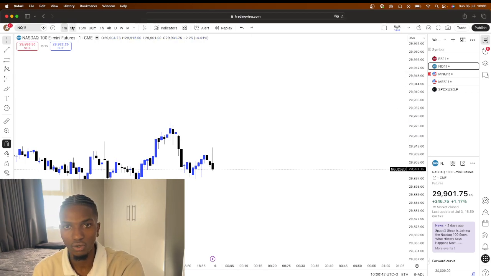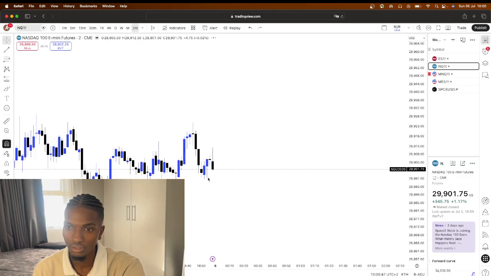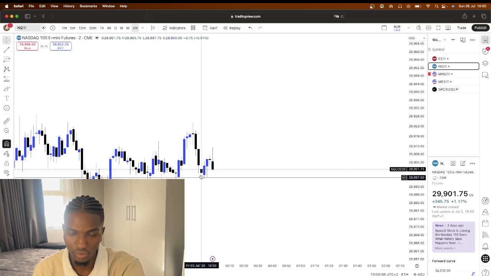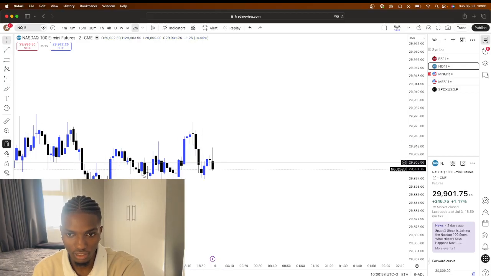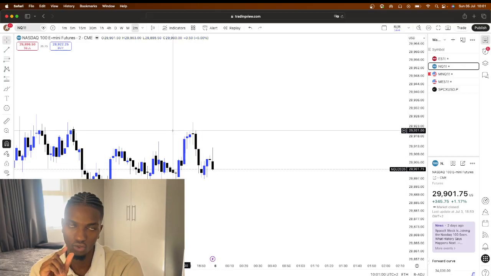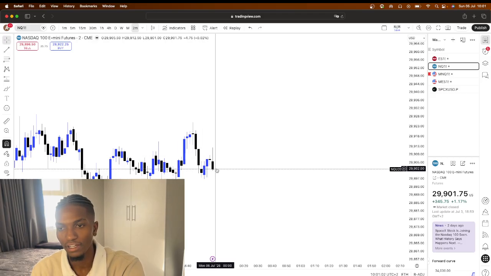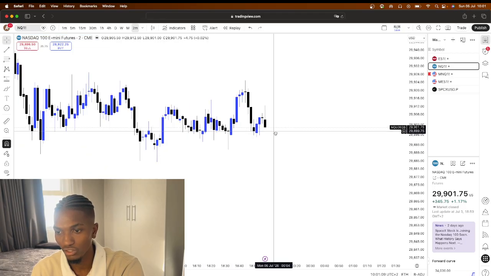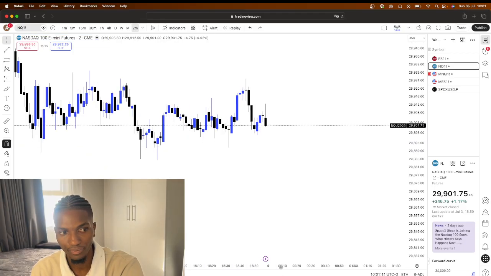If we go over to 2 minutes, what does this one candlestick represent? 2 minutes. Each and every single candlestick that you see here is 2 minutes. Meaning, let's say the time is 18:58, as you can see down here.